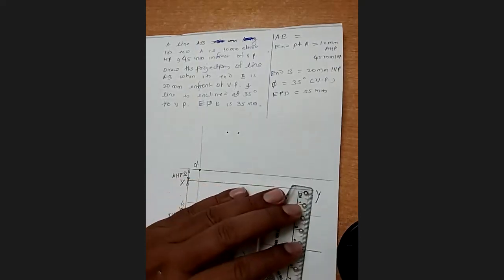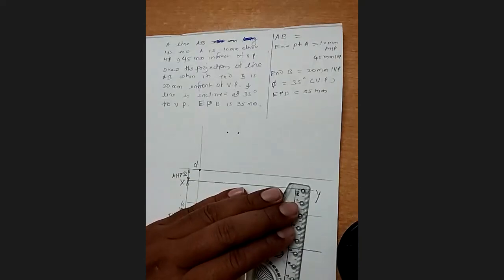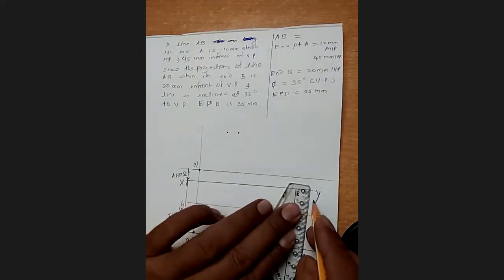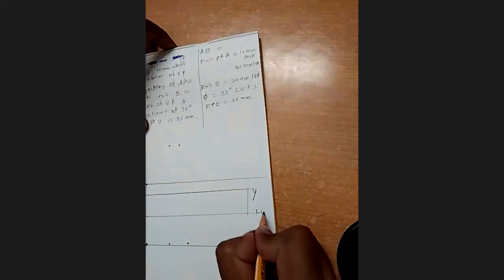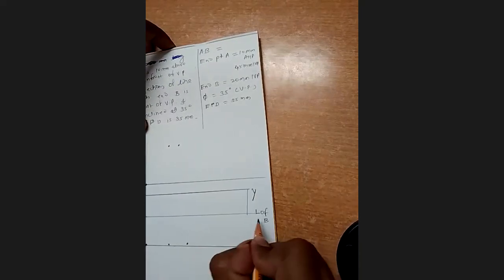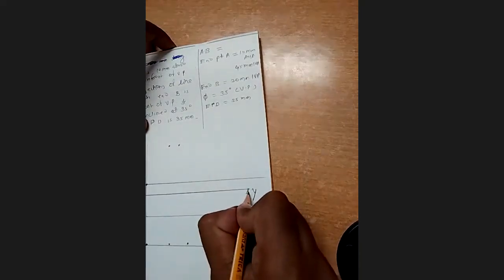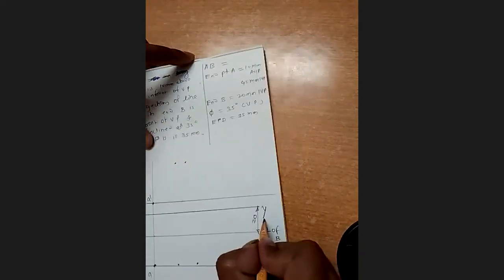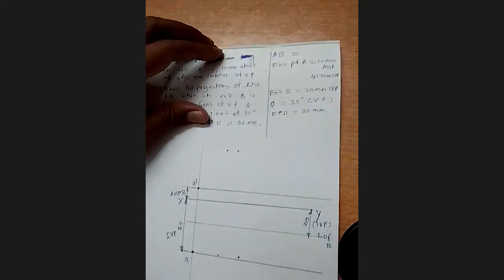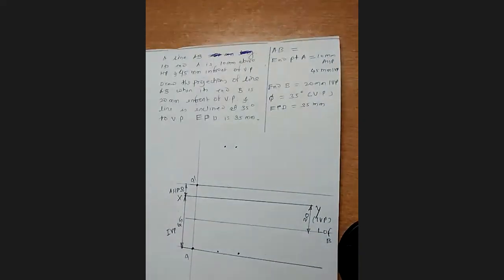This distance is 20 millimeter from XY line, and this is going to be the locus of B. And this distance is 20 millimeter in front of VP.